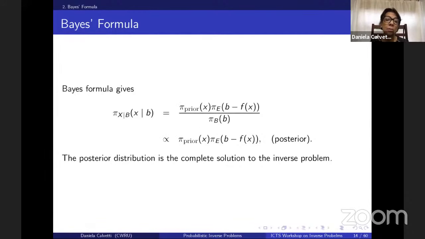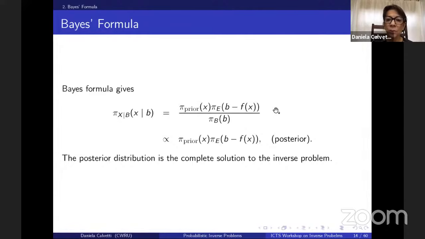Now we connect it through Bayes' formula. So we go back to Bayes' formula and make a substitution. X is playing the role of X, B is playing the role of Y here. In terms of inverse problems, the probability density of X, the unknown that I'm interested in estimating, given the data that I have access to, is given by the product of the likelihood.